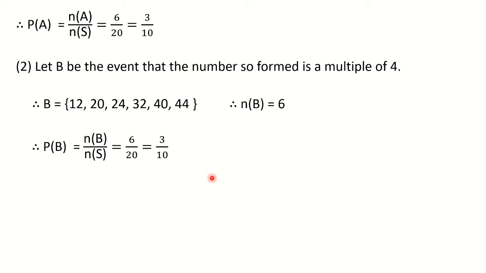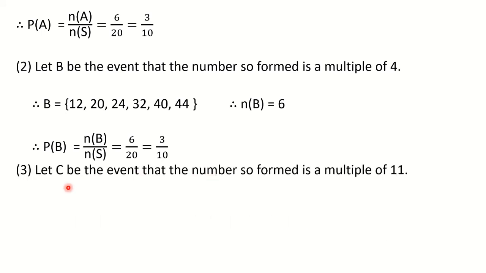Now let us go towards the third event. So that is we are taking as C. Let C be the event that the number so formed is a multiple of 11. So find out all the numbers which are multiple of 11. You will find that in the first line you have 11, in the second line you have 22, third line is having 33, and fourth line is having 44. The table of 11.